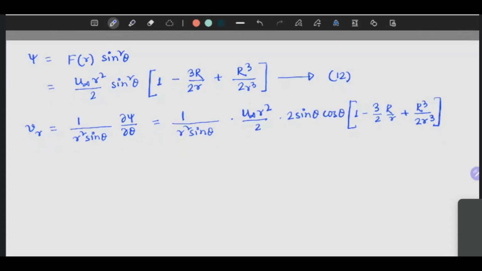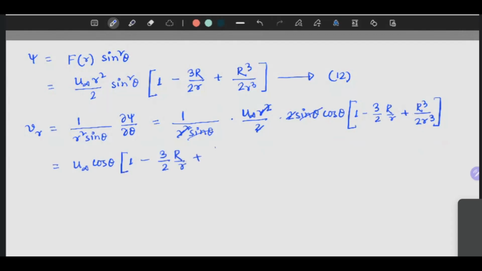So then it becomes U infinity cos theta into 1 minus, so this sin theta cancels out, 2 cancelled out, r square cancels out, U infinity cos theta, 1 minus 3 by 2 R by r.